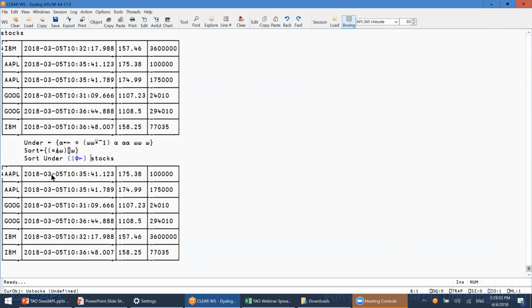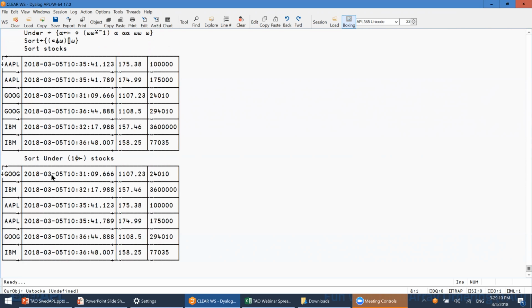So that means we're sorting by all the numeric data. We don't actually care about the symbol. We want the information there, and it just works. So now we have sorted here by the timestamp, and then we can say, look at this.